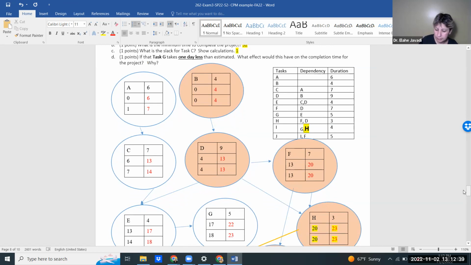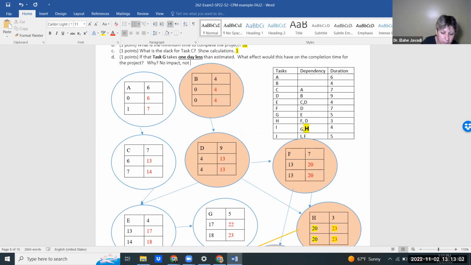What impact would it have on the whole project time? Well, if it's not critical, wouldn't it not have any impact since it's not on the critical path? Exactly. So you would say the same. It's not critical, no impact. Really good answer, Greg, no impact because it's not critical.